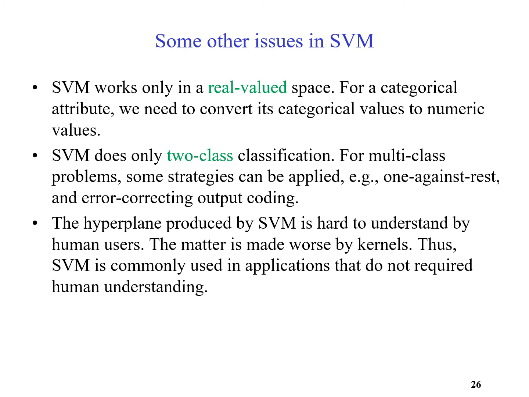And finally, the resulting hyperplane produced by SVM is not easy to understand because we are using a kernel. It produces a nice looking hyperplane, but it doesn't explain how or why this plane is produced. It gives you a very nice result, but it doesn't give you any explanation.